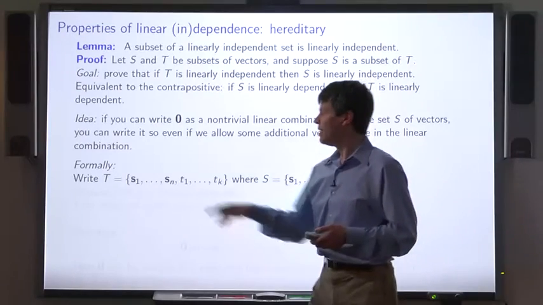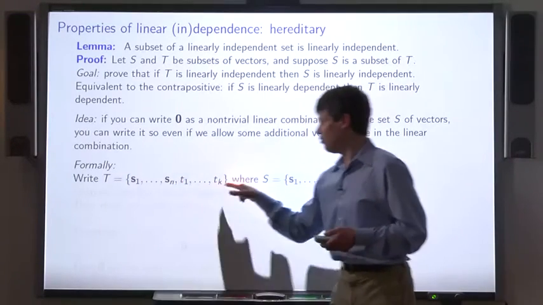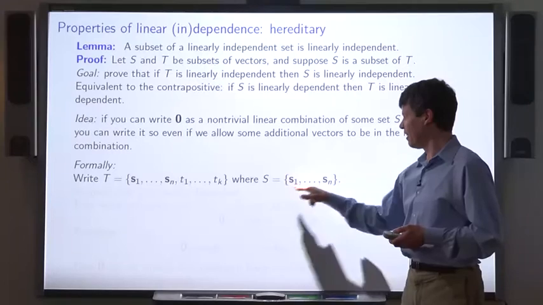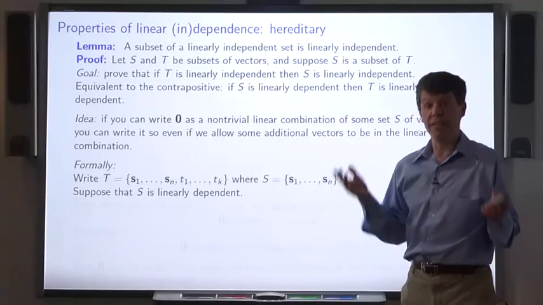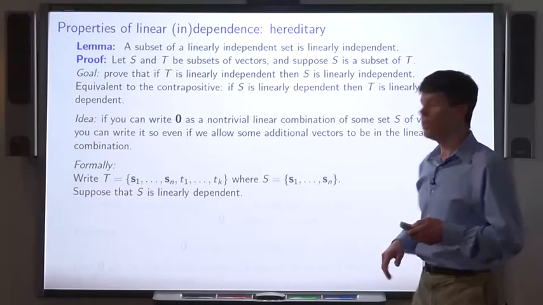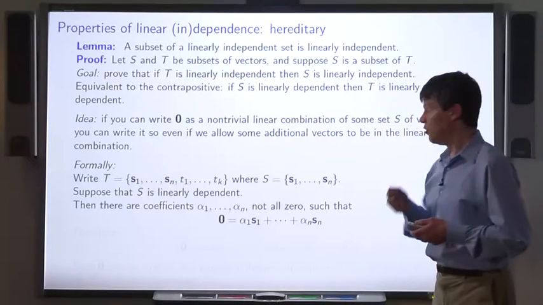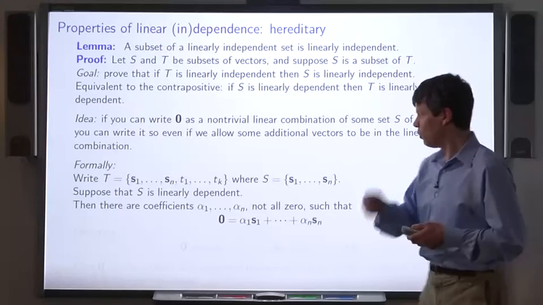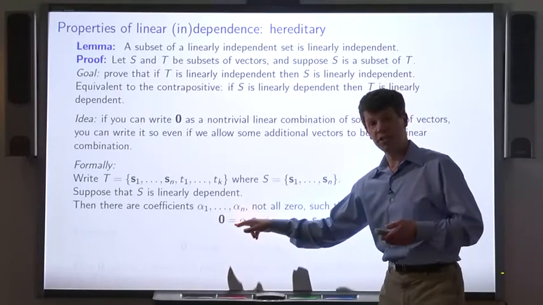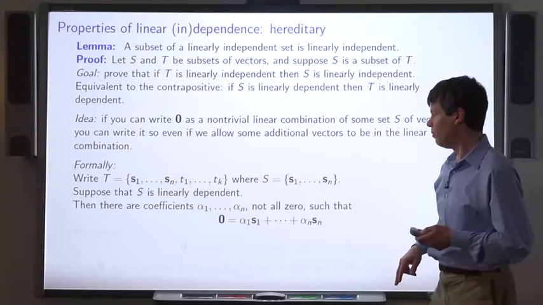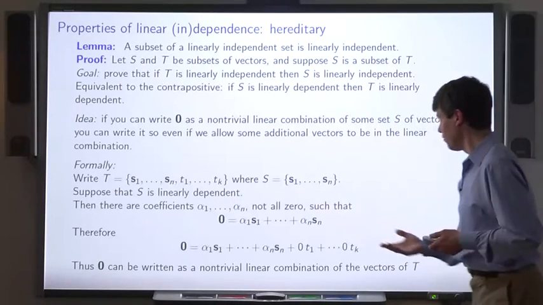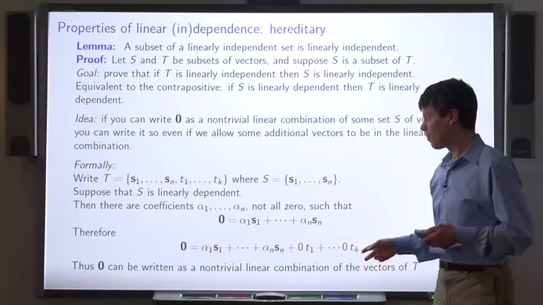So we'll write T as this set of vectors, where S is the subset consisting of the first n. Now, suppose that S is linearly dependent. That is, there are coefficients, not all 0, with which you can write a linear combination that equals the 0 vector. Well, we throw in the additional vectors, t1 through tk.